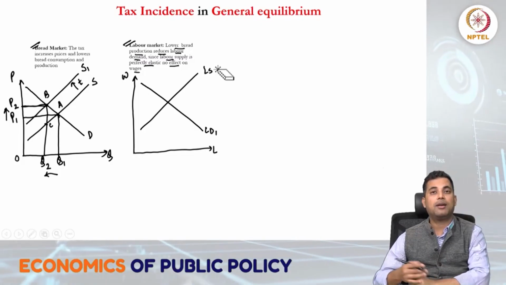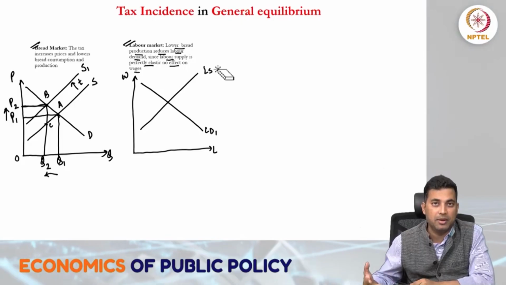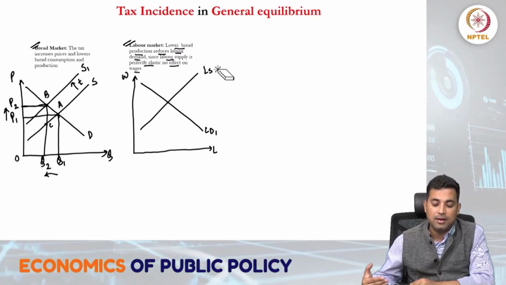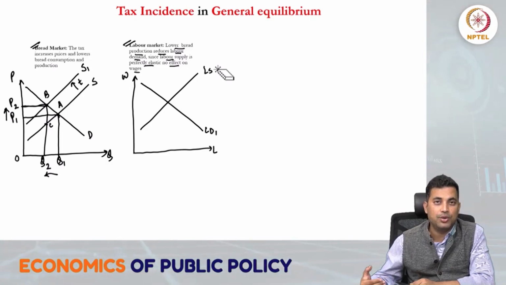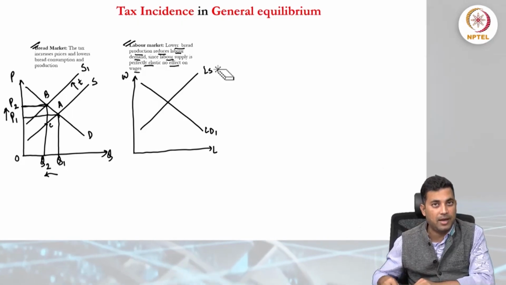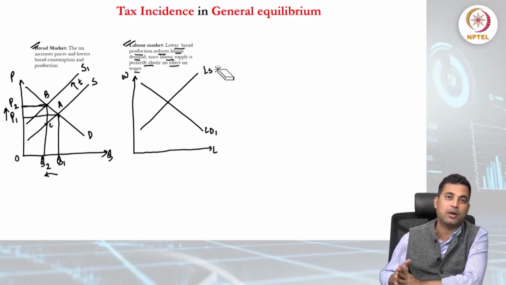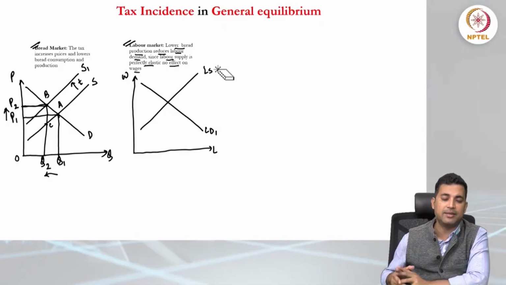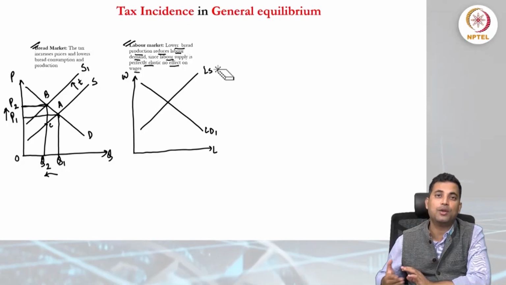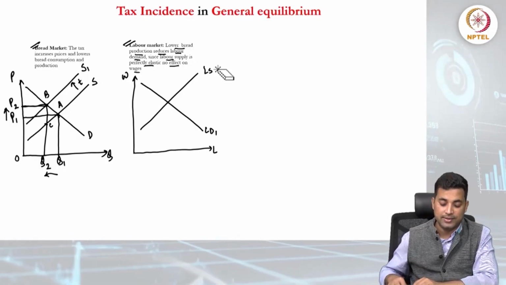In our last lecture we already discussed what happens when tax is imposed on labor and how it impacts, and we also showed it taking two parts of the labor supply: the upward part and also the backward bending part. We tried to show how it happens when tax is imposed on labor, and how producers react to that.